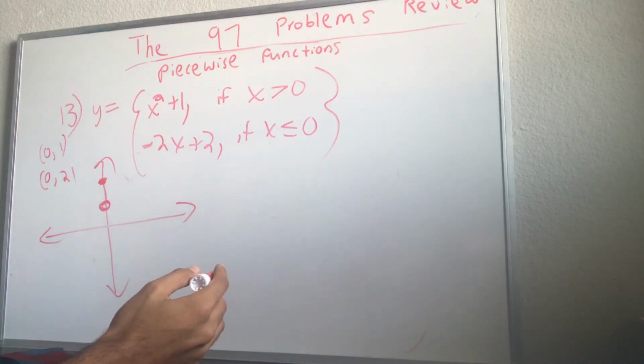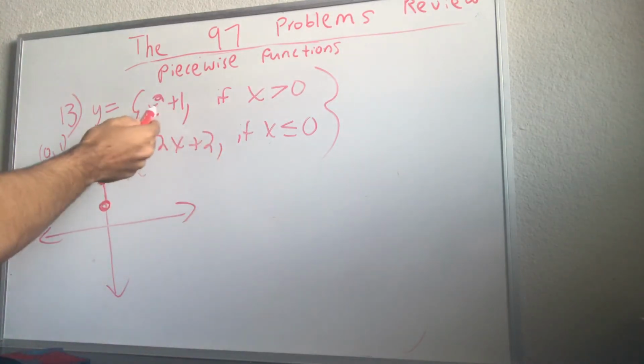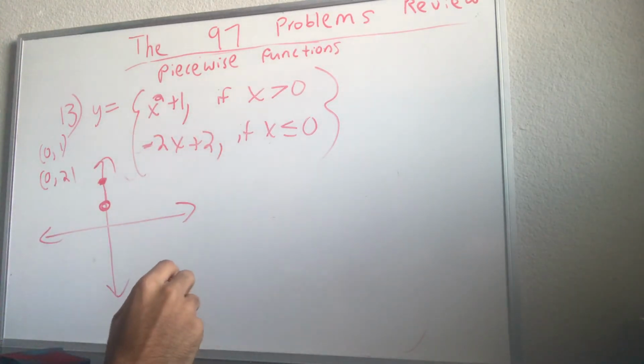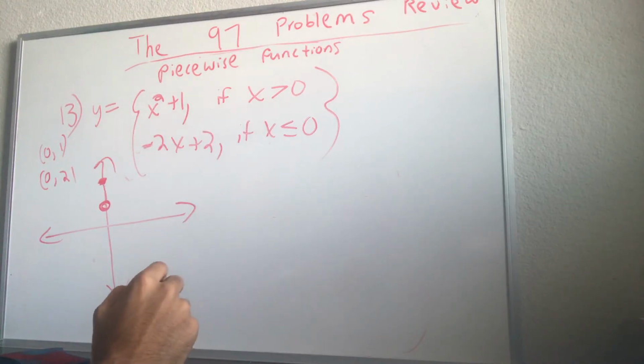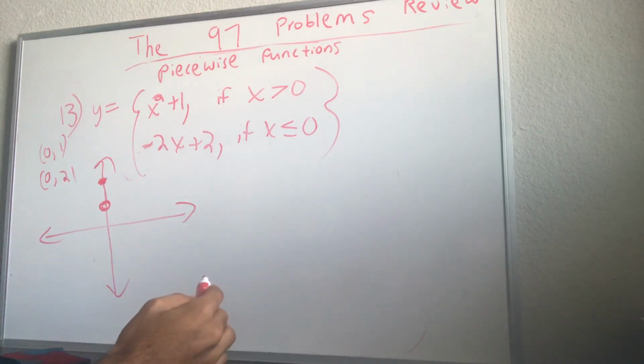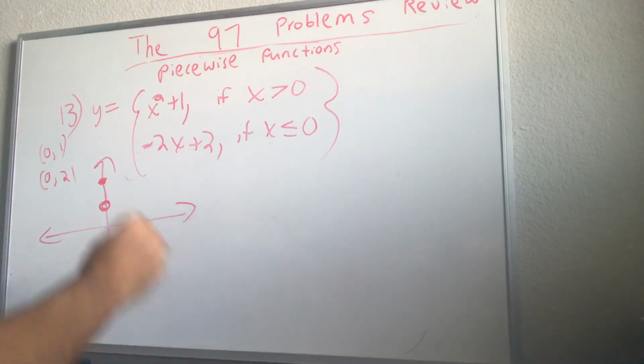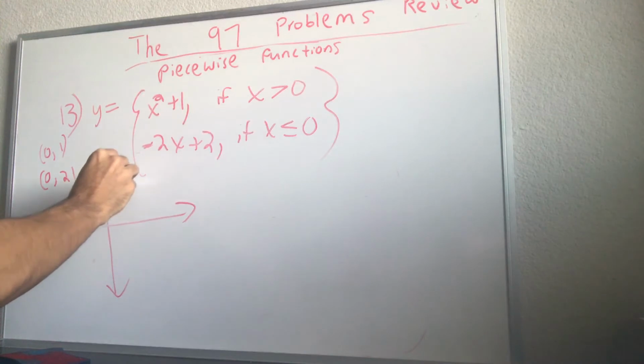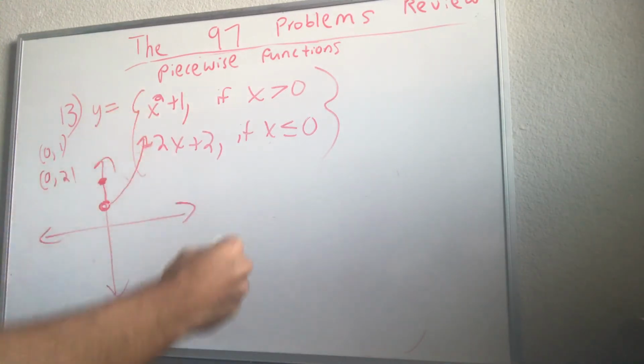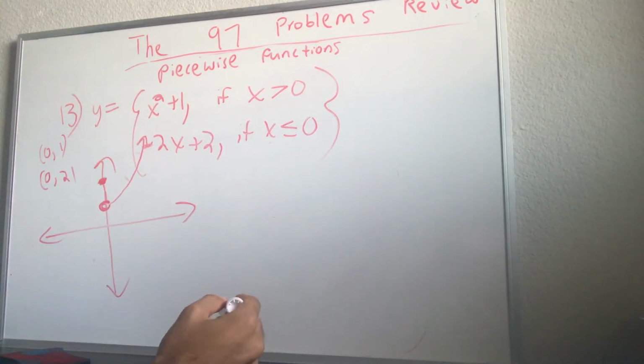So you plug x is equal to 3, and you see that overall, because this is more like a quadratic function, it's going to be increasing at a much larger rate as the value of x increases. So really, it's going to be something like that. It's going to be increasing much faster as x increases.